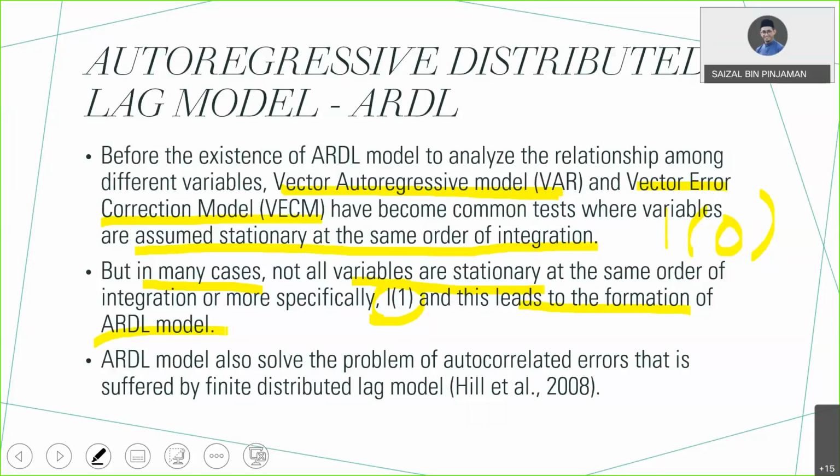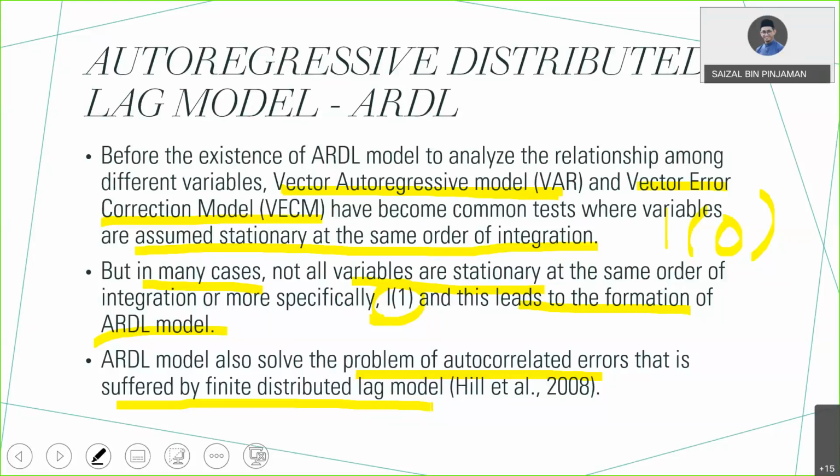This ARDL model solves the problem of autocorrelated error that is suffered by the finite distributed lag model. Besides that, the ARDL model is also able to analyze causal relations for variables in different orders of stationarity or different orders of integration.